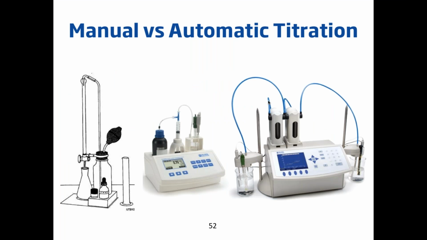I quickly want to go through the advantages between manual and automatic titration. If you're not already performing titrations in-house and you're considering it, you're probably wondering if you should jump into an automatic titration or if a manual titration will suit your needs.